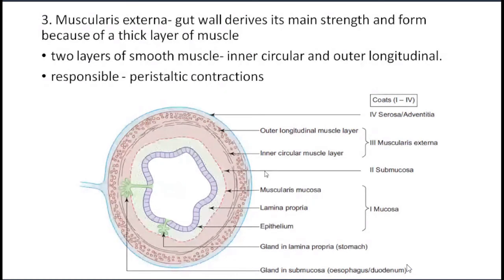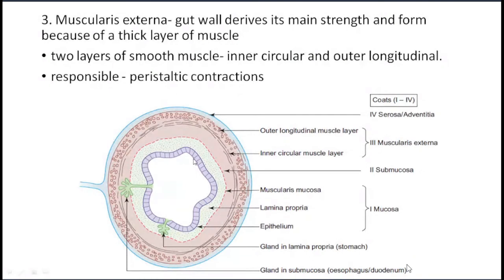It forms the thick layer of muscles. In this muscularis externa you get two layers of smooth muscle, again inner circular and outer longitudinal. The function of the muscularis externa is mostly the peristaltic contraction. You should know the function of each layer. So muscularis externa is for the peristaltic contraction.